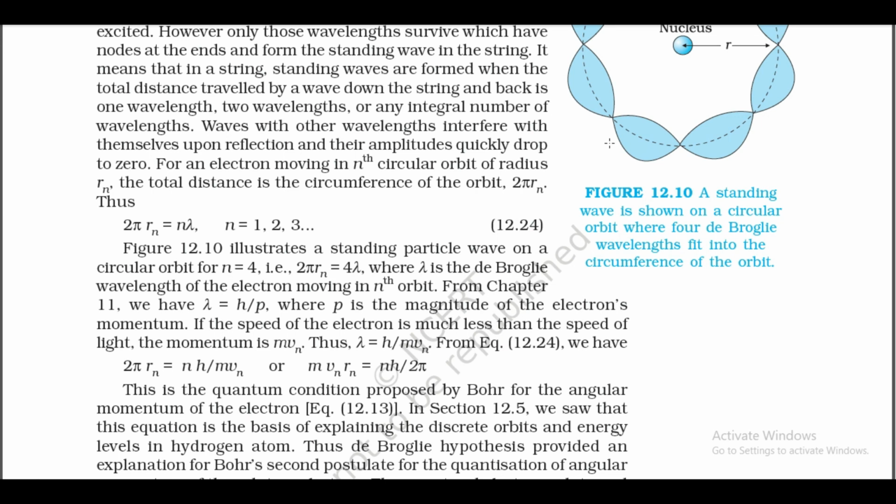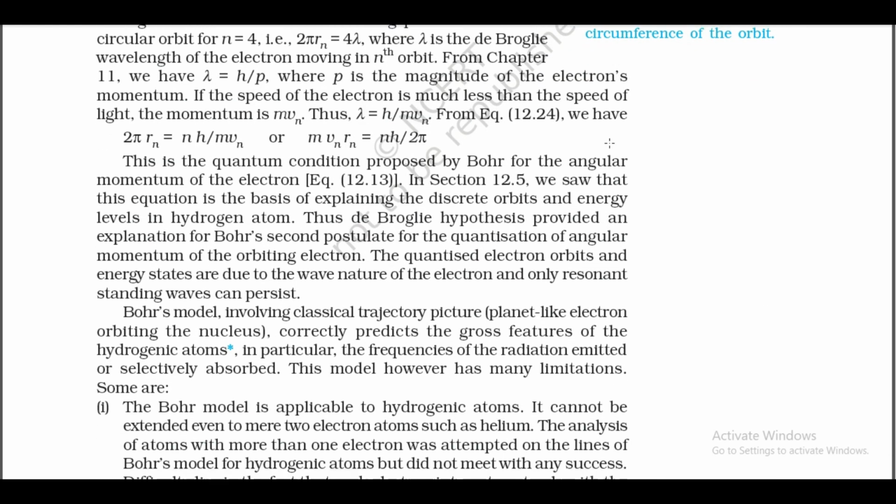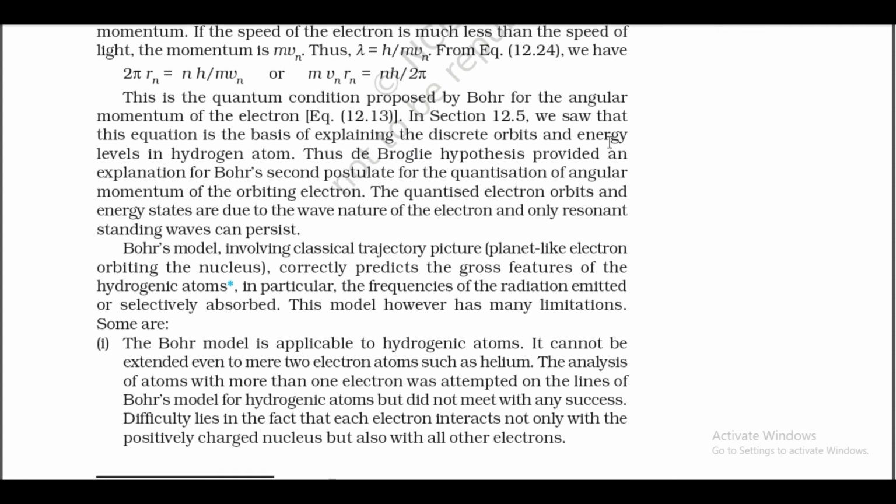From equation 12.24, we have 2 pi Rn is equal to nh by mvn, or mvn Rn is equal to nh by 2 pi. This is the quantum condition proposed by Bohr for the angular momentum of the electron. In equation 12.13 in section 12.5, we saw that this equation is the basis of explaining the discrete orbits and energy levels in the hydrogen atom.